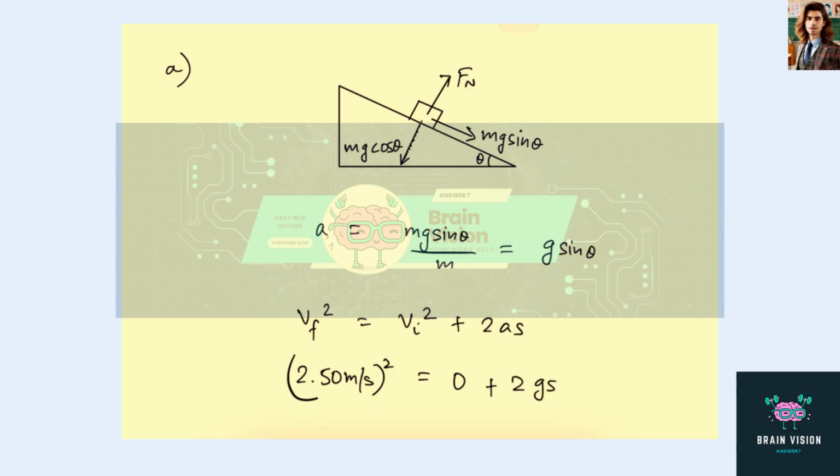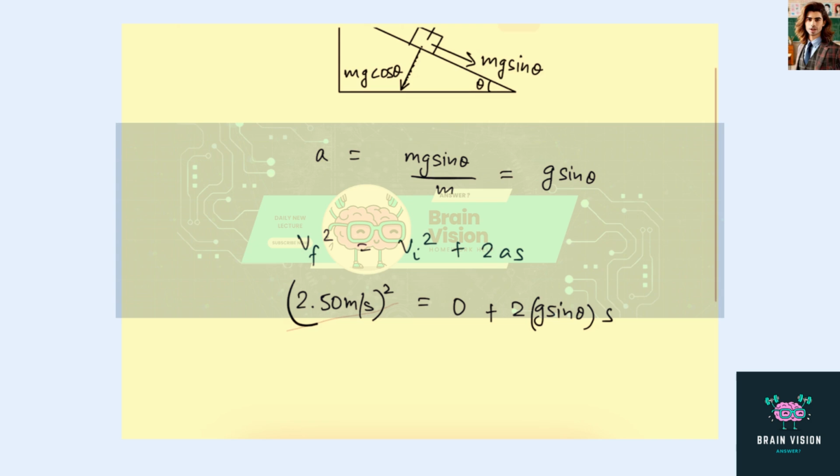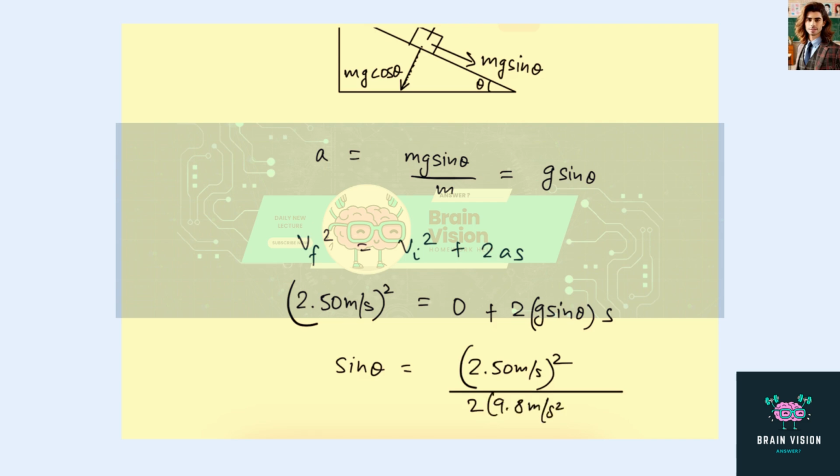Acceleration is g sin theta and s is the displacement. From this we get sin theta equal to Vf squared over 2gs. Now g is 9.8 and s is the displacement along the ramp, 1.50 meters.